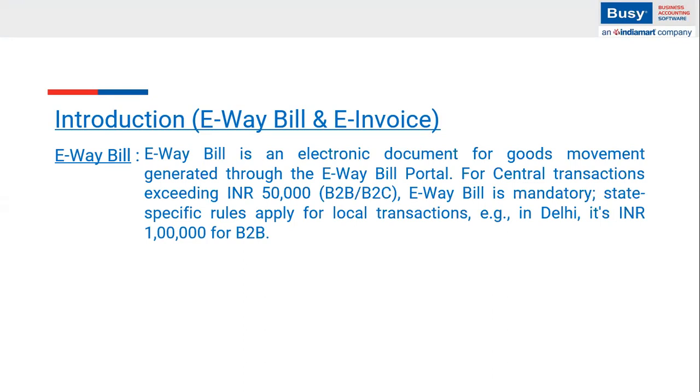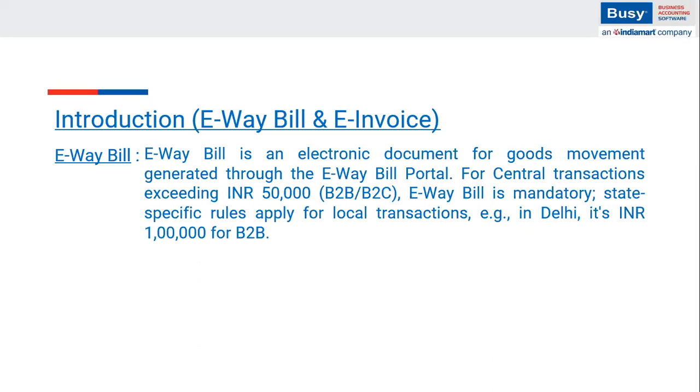So means in case of central transaction, if you are transporting the material from one location to another location and the bill amount is more than 50,000, then you have to generate e-way bill. This is compulsory as per the government rule. And in case of local transaction, the limit varies. It depends on state rules.